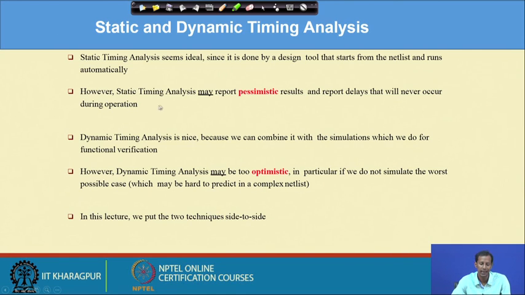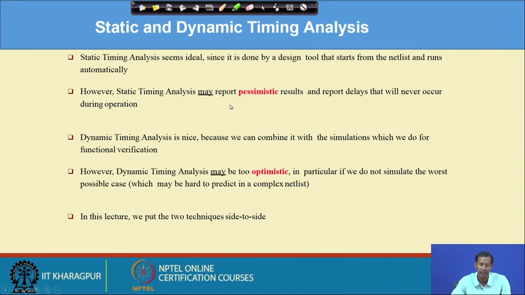However, the static timing analysis may report pessimistic results and report delays that will never occur during operation. So, whatever results we get is one rough estimation of the circuit delays.